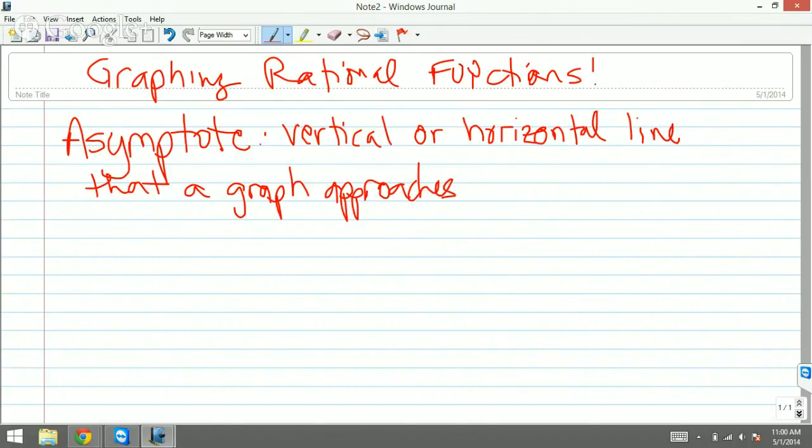It is a vertical or horizontal line that a graph approaches, but there always is a but, even if it's a person, but never touches.